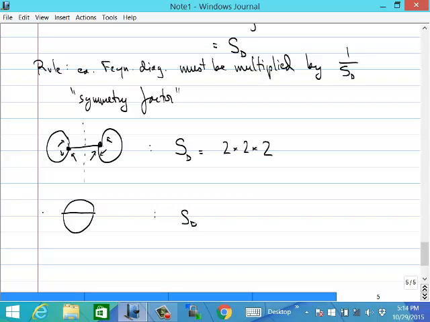Well, the symmetry factor: you get a 3 factorial because you've got three propagators here that you could permute. And similarly, you get a factor of 2 because you can interchange the two vertices by doing a reflection. So the symmetry factor there would be 12.